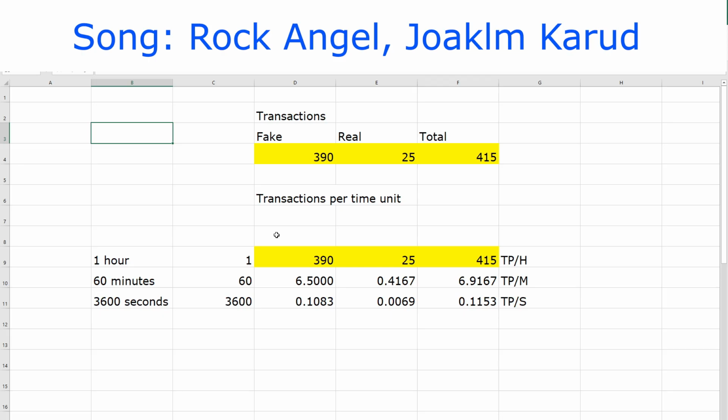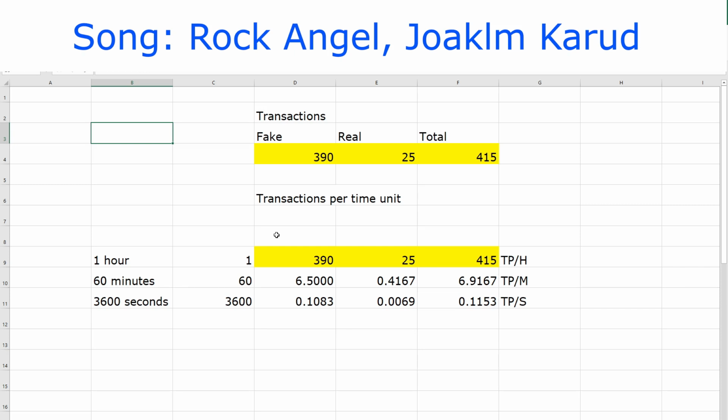Okay, now just to cap it all off and get the results. I counted in a one hour block 415 transactions, of which 25 seem to me of some sort of significant value. About 390 of them just turned out to be something with a small MilliDAG amount on the end of it, and I considered them useless and not real transactions, just some sort of redundant transaction.